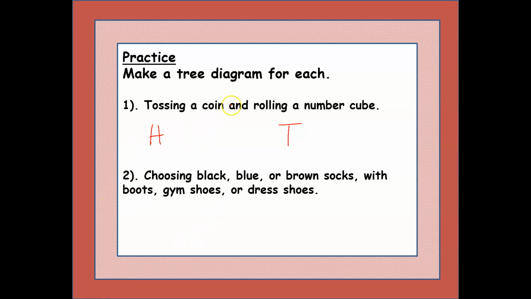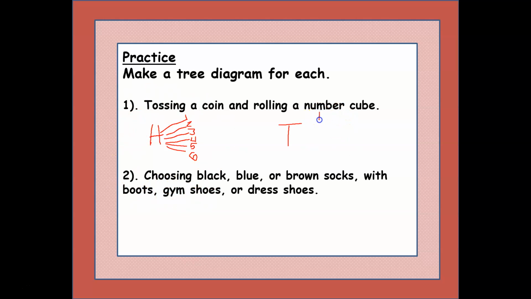Then we are rolling a number cube. The possible outcomes are 1, 2, 3, 4, 5, 6. So we have 6 different outcomes for heads.